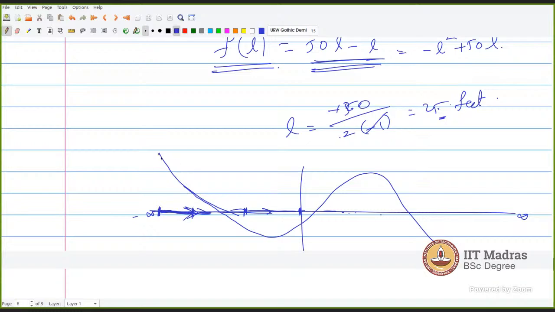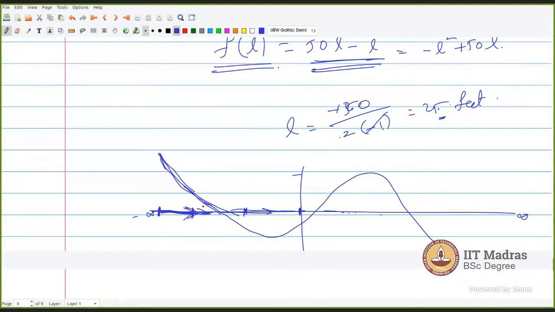If your graph is coming downwards, or the y value keeps on decreasing as you move right along the x-axis, then it is a decreasing function.